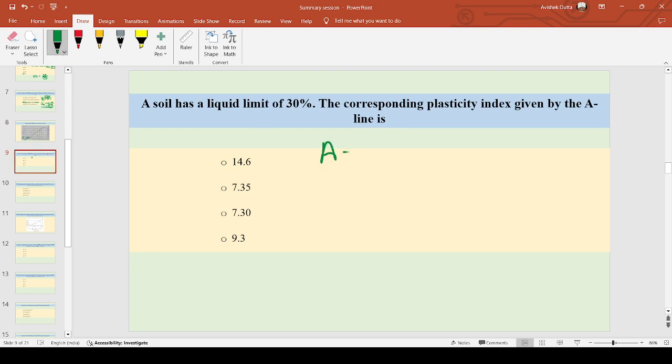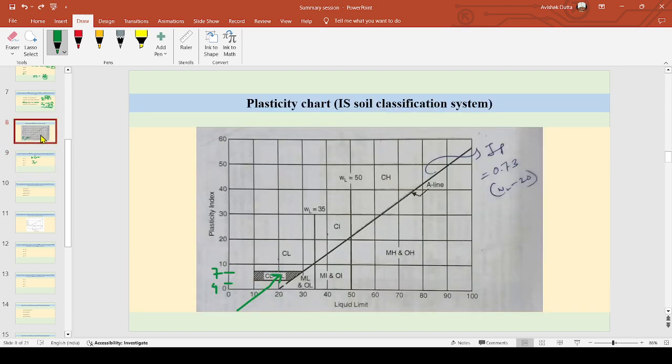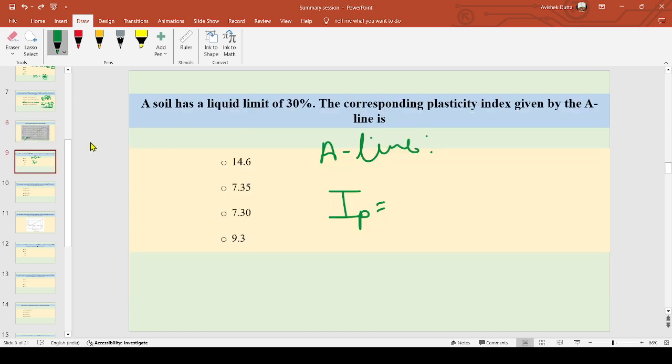The A line, it has this equation, IP equal to 0.73 WL minus 20.